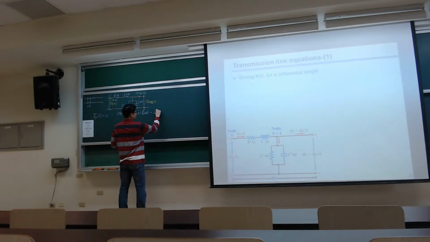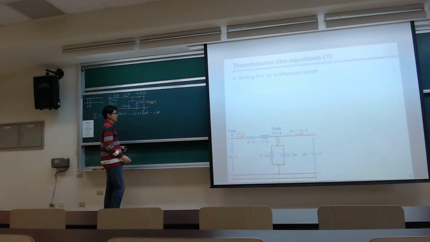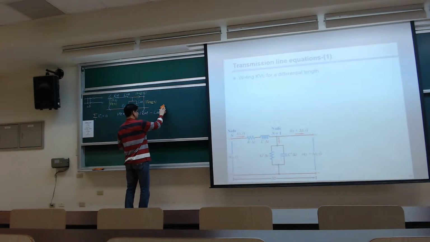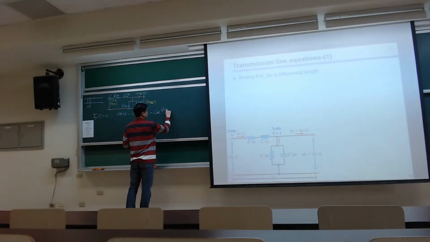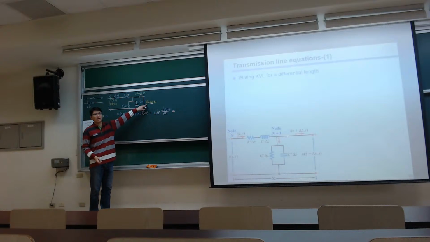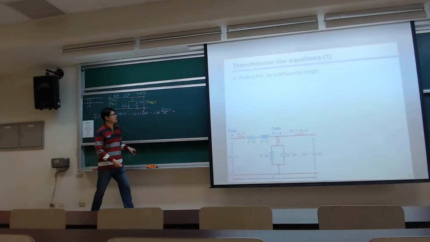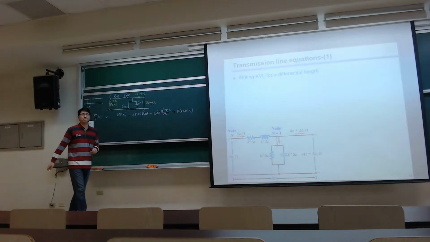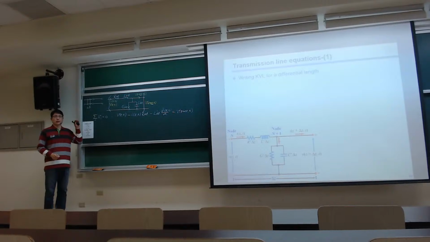You have to remember how to formulate the voltage loss due to an inductor. After suffering two voltage losses, I come to meet the output of my small differential segment. So that voltage has to be equal to V at z plus delta z, as a function of time. Okay, so that's my first equation.